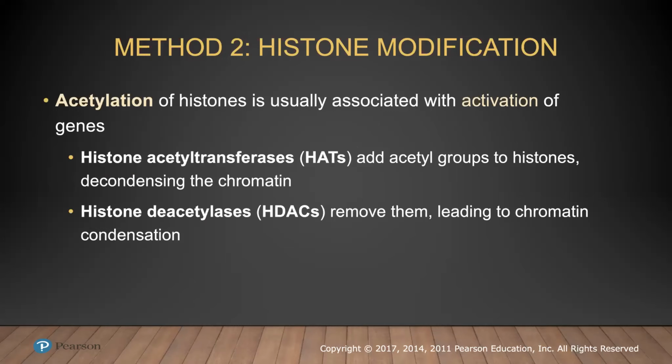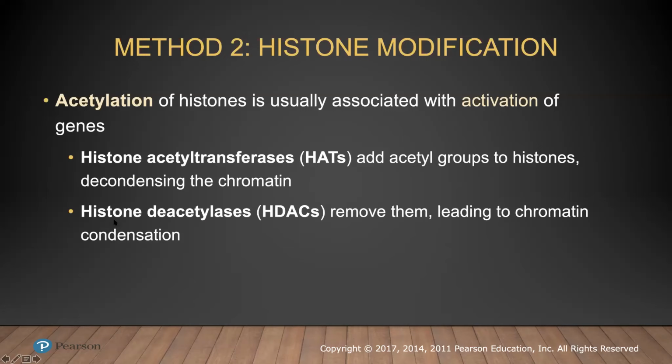When we put this acetyl group onto the histone, it usually causes an activation of the gene. This is kind of a funny acronym: HATs, histone acetyltransferases. These are a group of enzymes that add acetyl groups onto histones, which decondenses the chromatin, or turns on the gene, leading to gene activation.